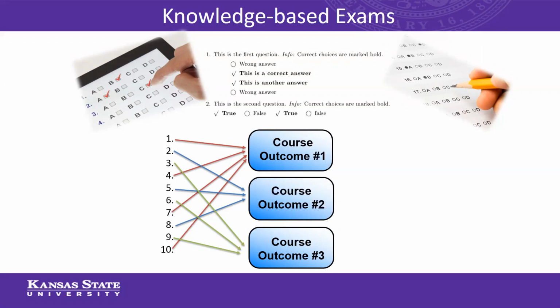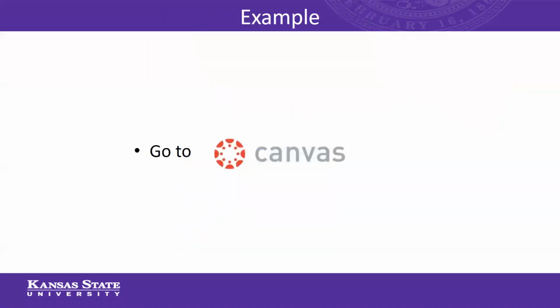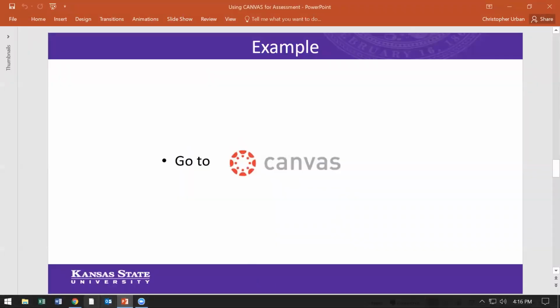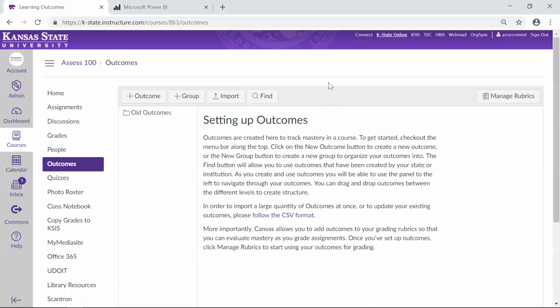This gives us the opportunity to identify the specific areas of achievement and also of misconceptions that the students may have as pertaining to outcomes, in contrast to averaging together all of the scores to identify one particular score. So let's go to Canvas and find out how we can align these outcomes with selected choice type of assessments.